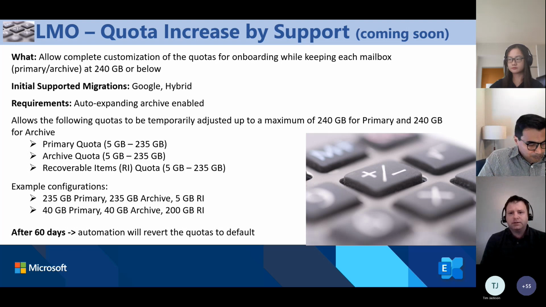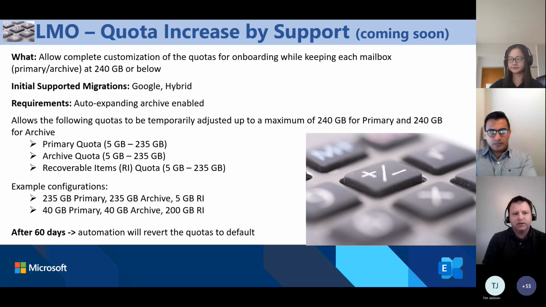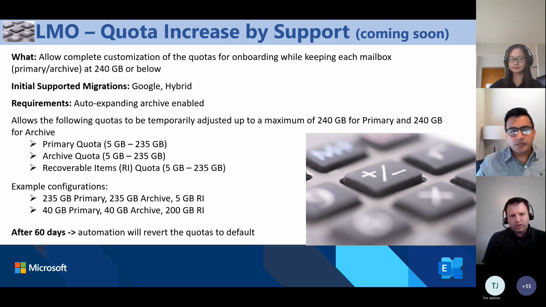Initially we're targeting Google migrations and hybrid because we know both of those are big sources, and both of them in our current situation don't have a really good answer without some sort of engineering intervention. So we will have a requirement that you have auto expanding archive enabled and appropriate licenses. And what will happen in the future is we're going to give you about 240 gigs of flexible quota to play with per mailbox.